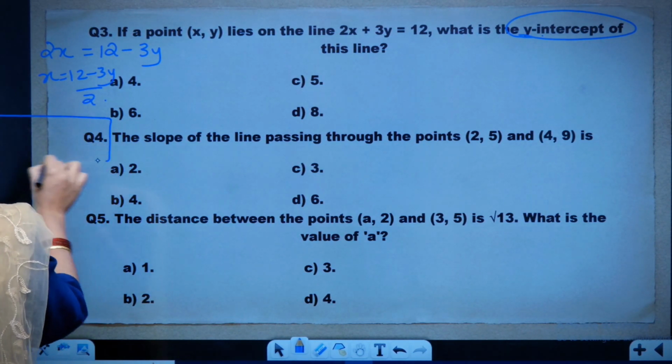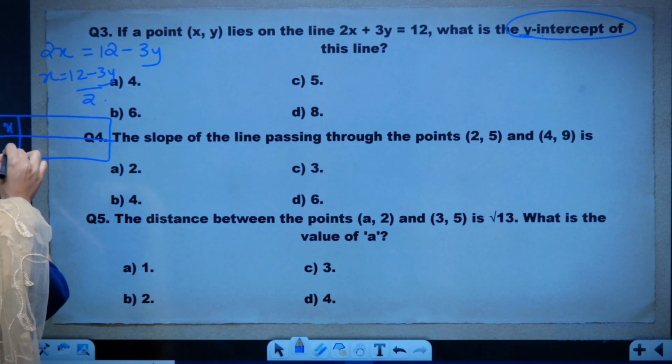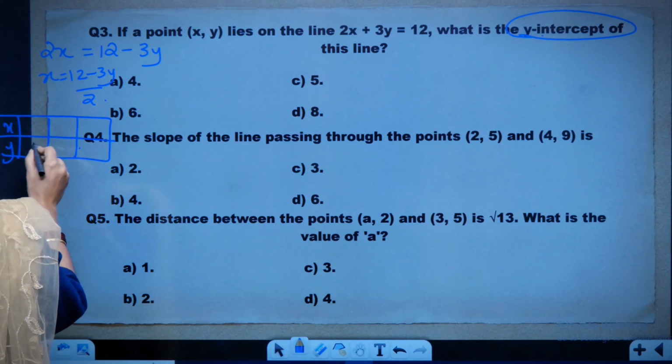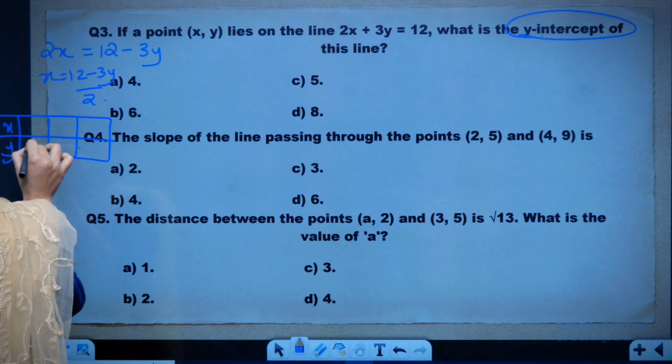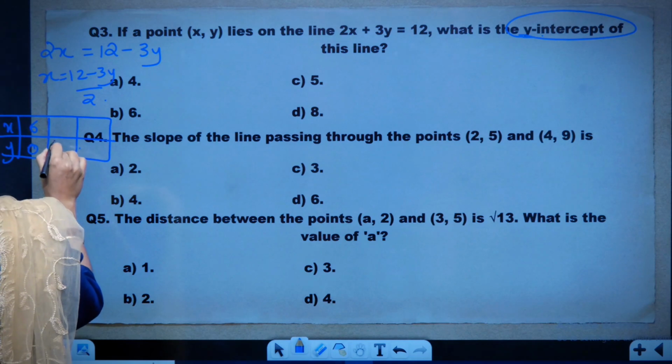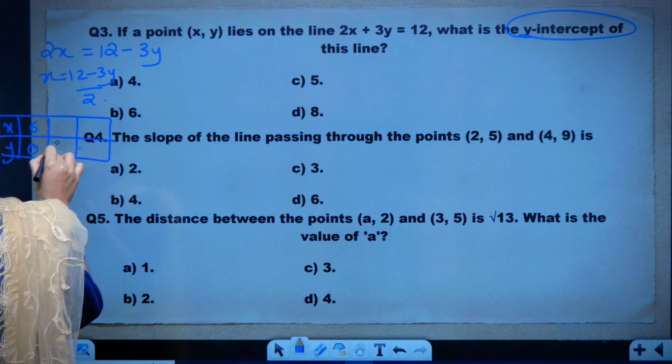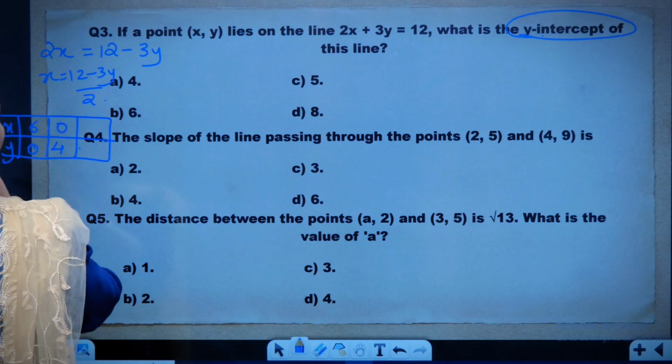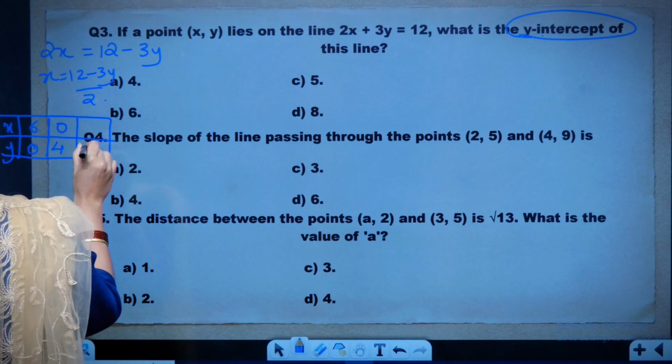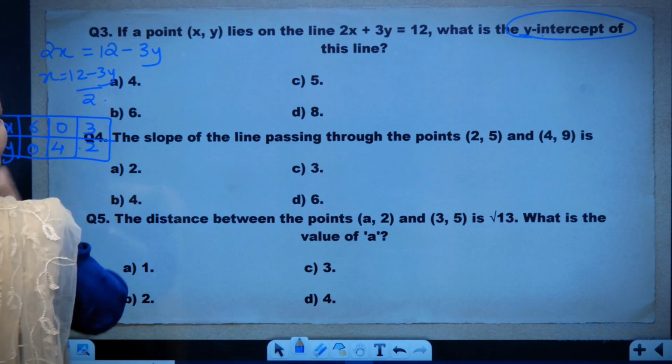Quickly finding the values here, I have my x and y block. If I substitute y as 0, x will be 6; y as 4, x will be 0; and y as 2, x will be 3.